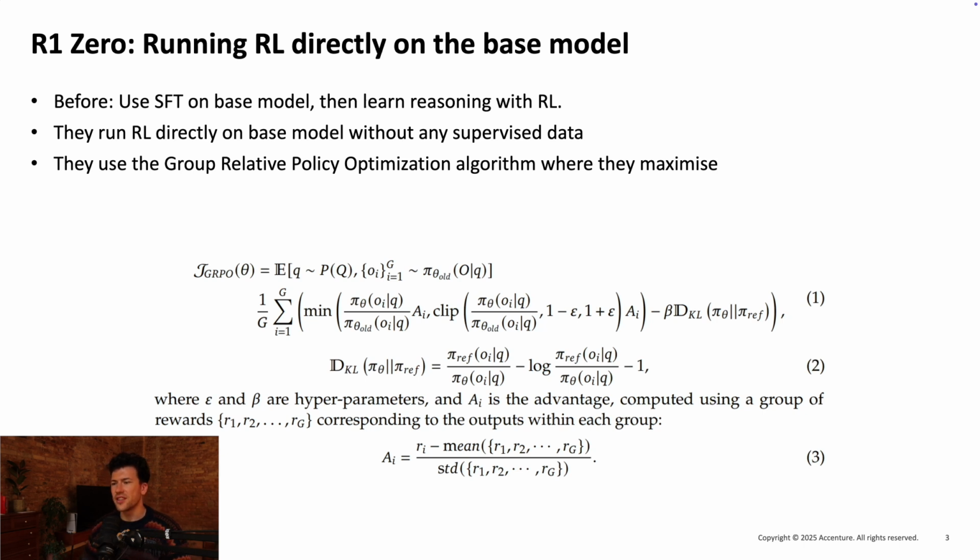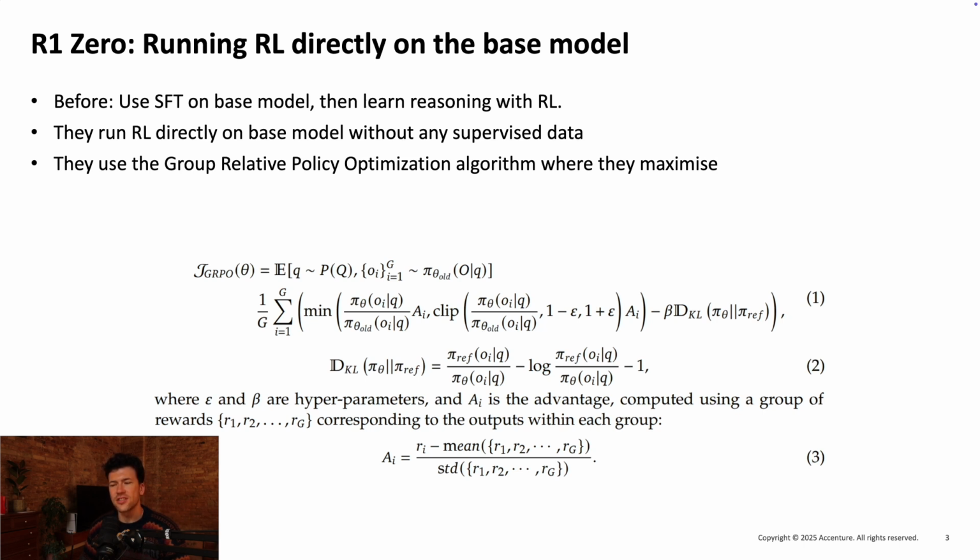So the idea here is to clip it. The ratio of your new parameters divided by the old parameters should only be between 1 minus epsilon and 1 plus epsilon, times the advantage.